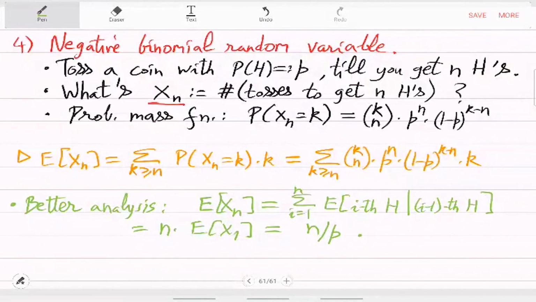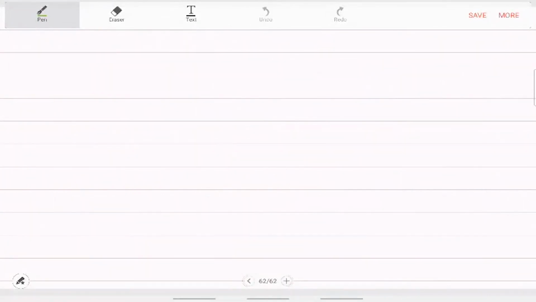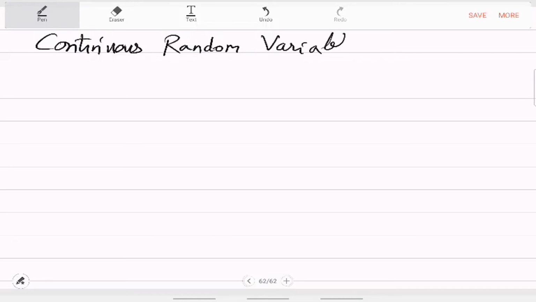Now, let us look at a different family of random variables, which is continuous random variables. So, what does continuous mean? This we will define properly. Obviously, one thing is that you want to work with infinite sample space, that is for sure.